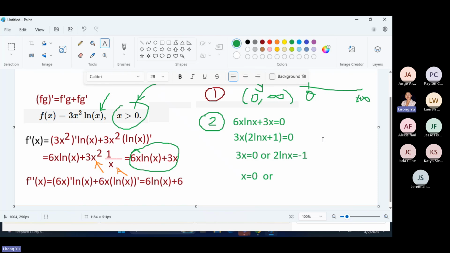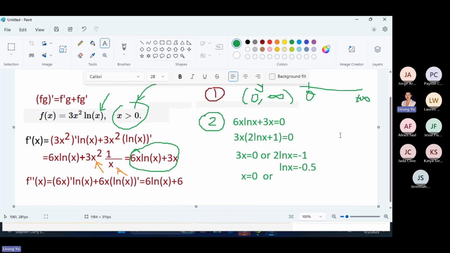So we'll divide both sides of the equation by 2 first, and now the natural log of x is equal to -1 divided by 2. What is -1 divided by 2? It's -0.5, if you use a calculator, right? When we do that, at least we get the 2 away from the left side of the equation. The 2 is multiplied. That's why we divide both sides of the equation by 2.